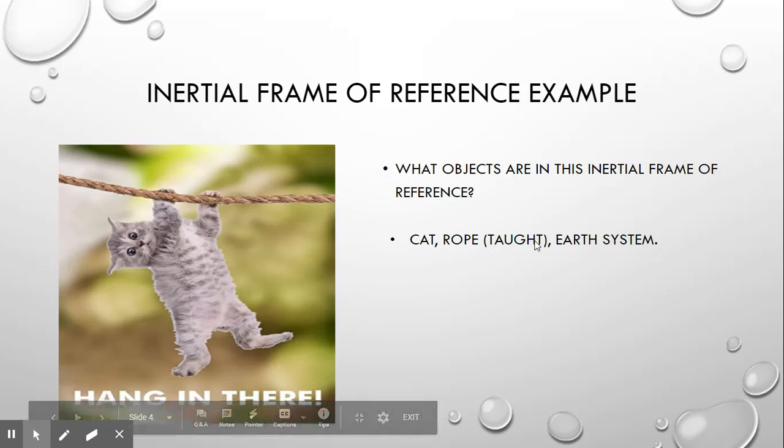So that's what it is. And what's bringing the cat down? Why is the cat holding on? Well, the Earth is pulling it towards the ground. So according to this system, I have the cat, rope, Earth system that is in this inertial frame of reference.